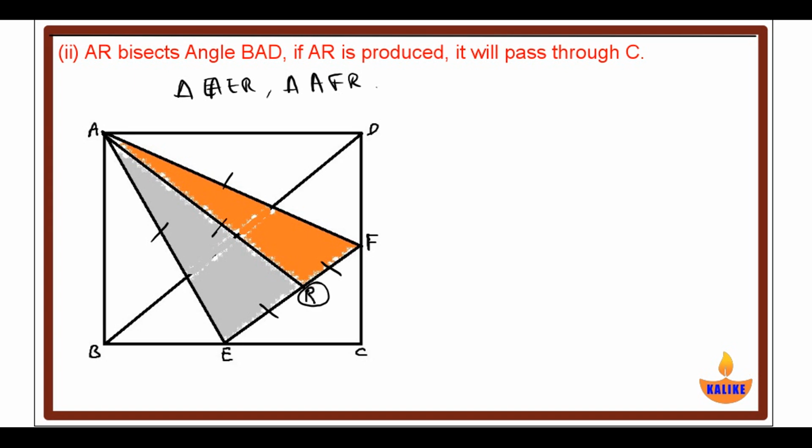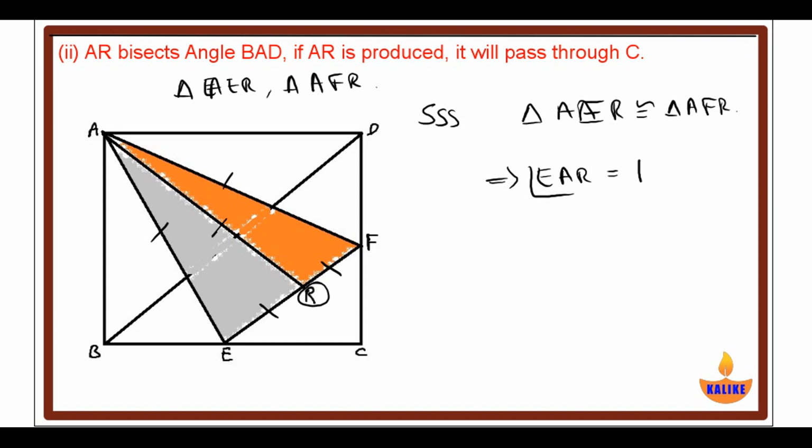Therefore, by SSS rule, these two triangles are congruent, that is triangle AER is congruent with triangle AFR. Therefore, by CPCT, the corresponding parts will be equal, that is angle EAR will be equal to angle FAR.